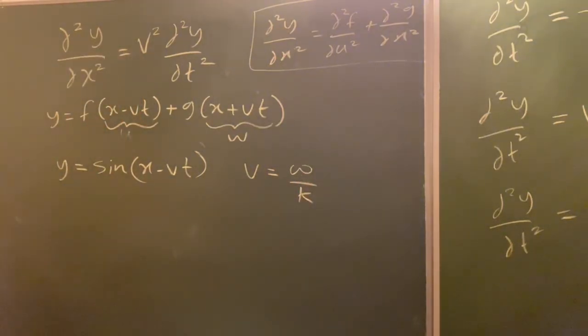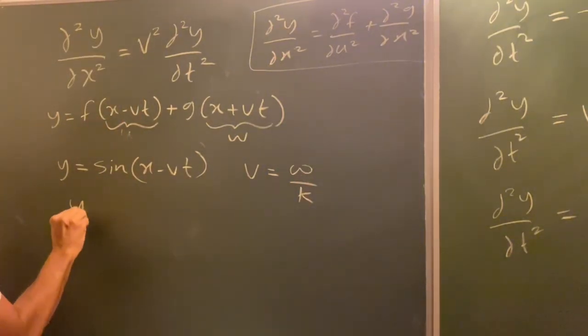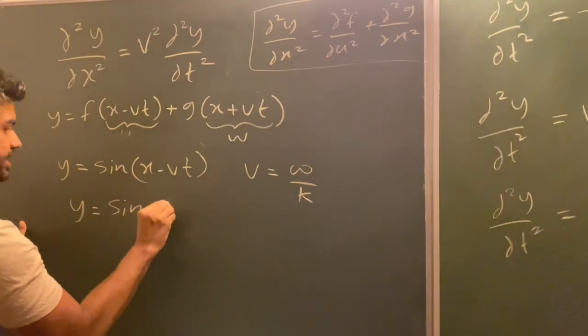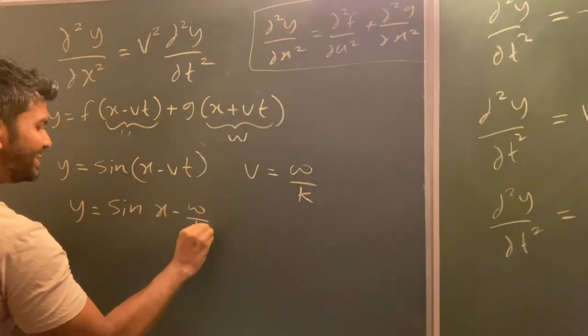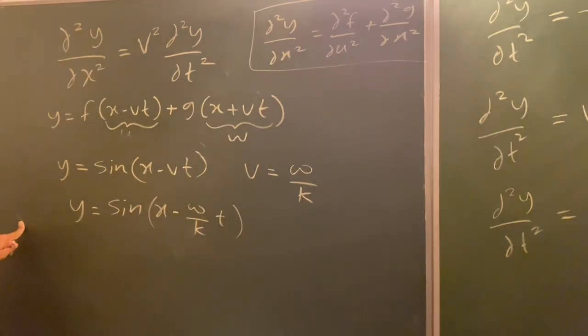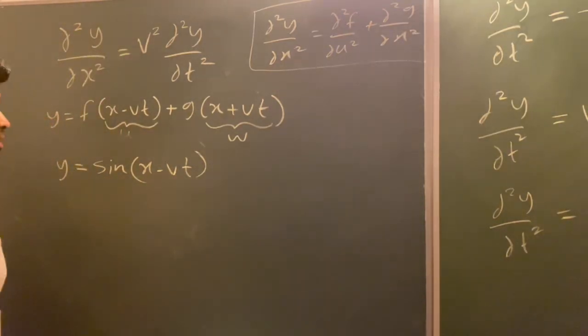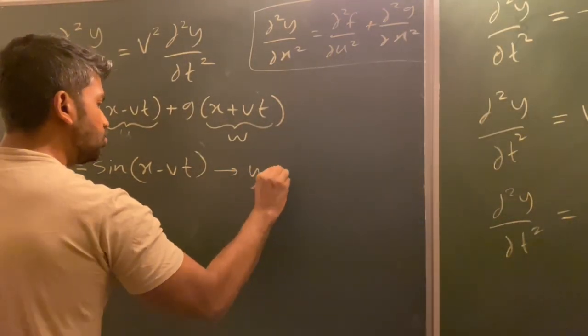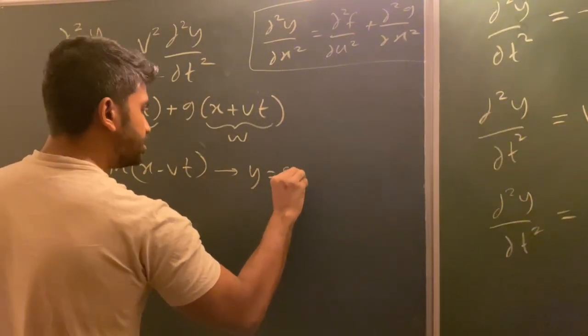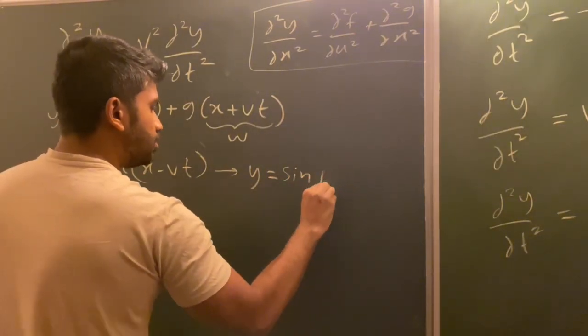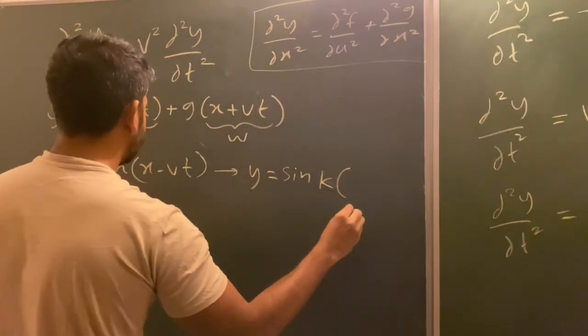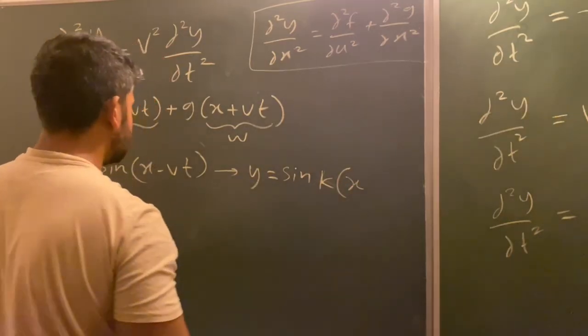That's our proof. So let me put it over here, then y is equal to sin(x minus (omega over k) t), so that I can just rearrange this a bit. Even if I write the relationship like this, still my attempt is correct. Instead of this one, I write y is equal to sin of k times (x minus vt).